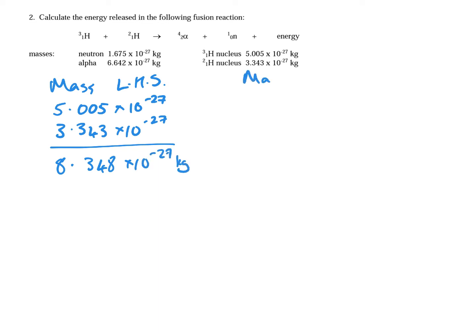And the same on the right-hand side. Incidentally, if you ever find reactions include electrons, we would ignore them. They're too light to contribute significantly, and they're not part of the nucleus anyway. So the right-hand side is an alpha particle and the neutron.